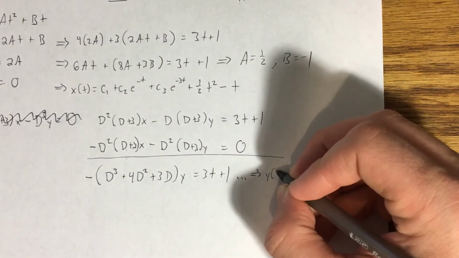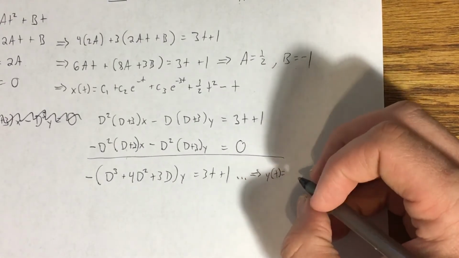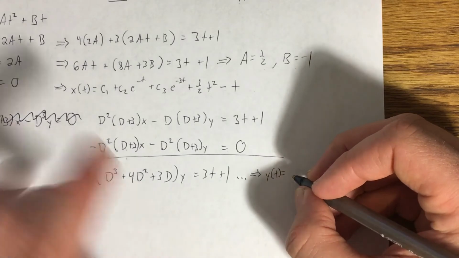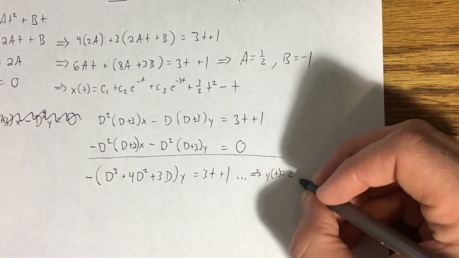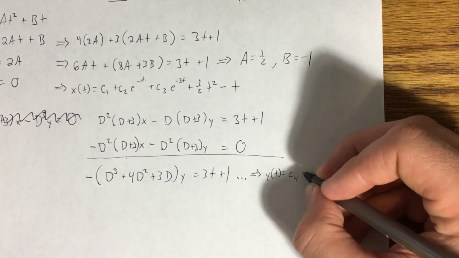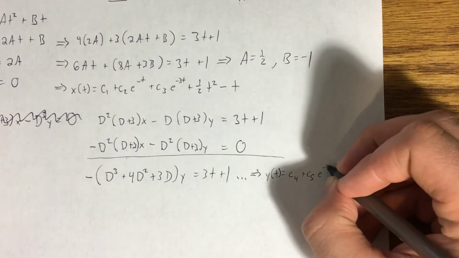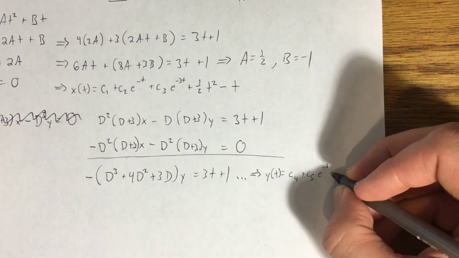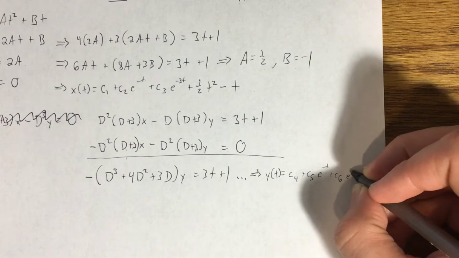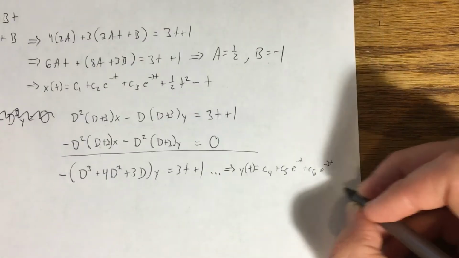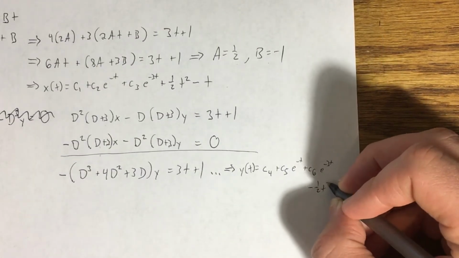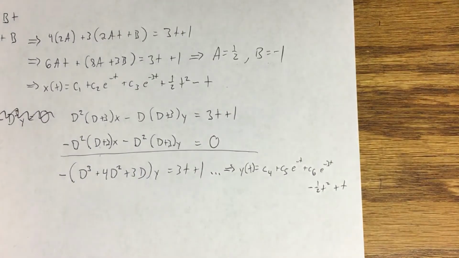I'm going to get y of t equals something that looks very similar to x of t. So I have to use different labels. C4 plus C5 e to the negative t plus C6 e to the negative 3t minus 1/2 t squared plus t. Okay?